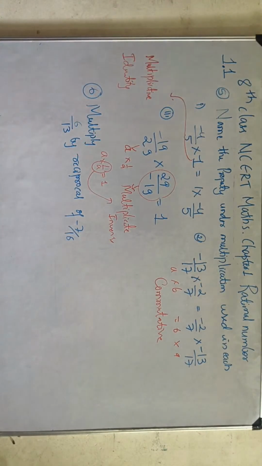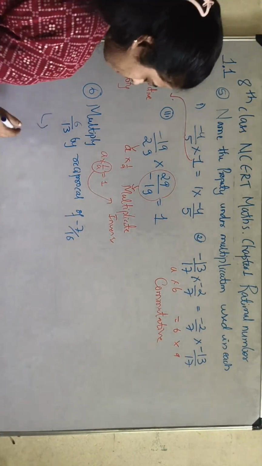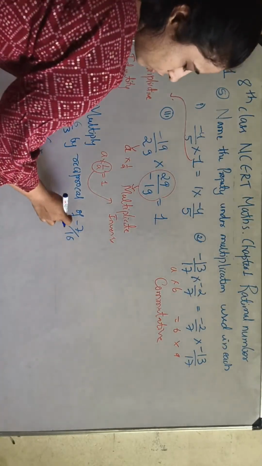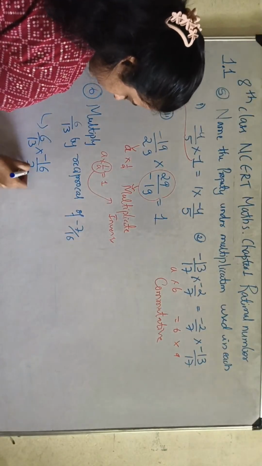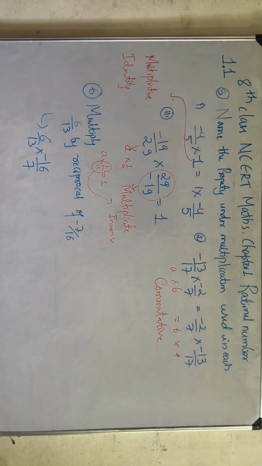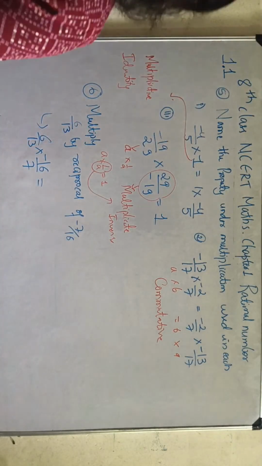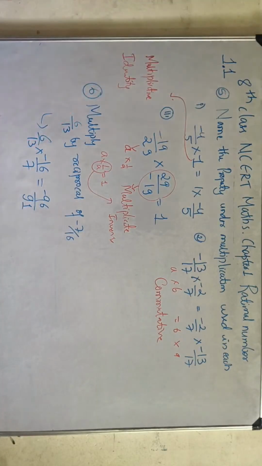For this number we have to multiply by the reciprocal: 6 by 13 into what is the reciprocal of this. Just reverse the fraction. It is minus 16 upon 7. Then if you multiply, it is minus 96 divided by 91. This is very, very simple.